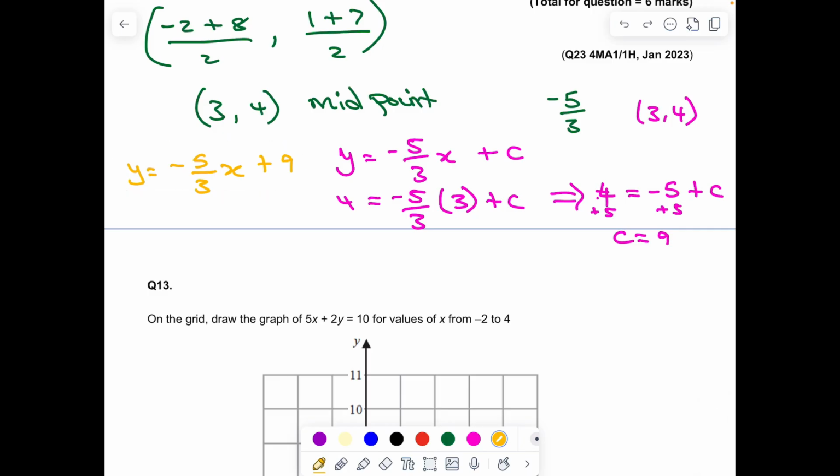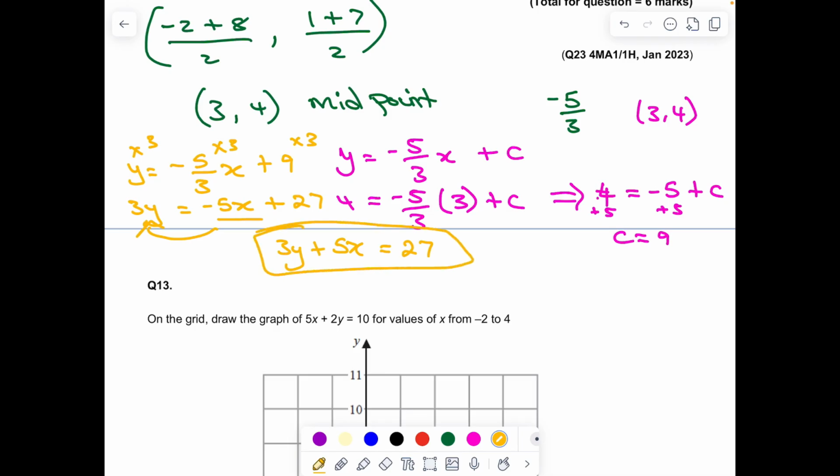So what I'm going to do is times everything by 3, because we need integers, we need full numbers, that's what it said at the beginning. So it says 3y equals minus 5x plus 27. And then I'm going to take x to this side, so it becomes positive. So I get 3y plus 5x equals 27. And that is your final answer.